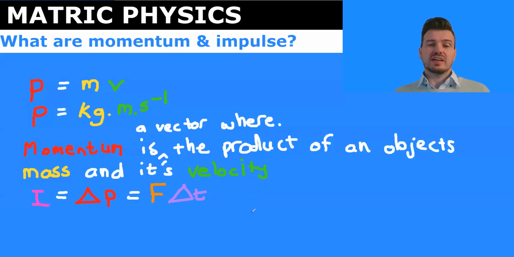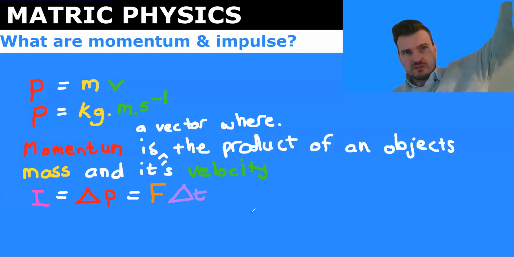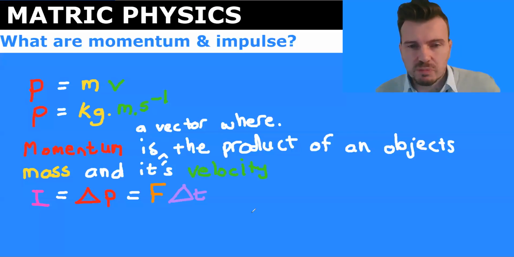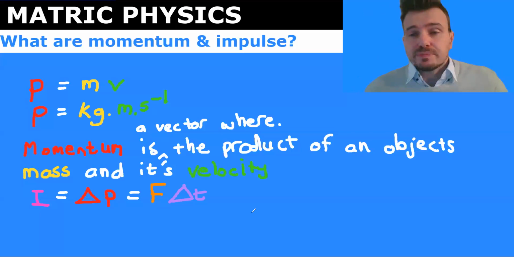Oh, perfect. Okay, so often when you want to hit a powerful shot, you're always asked to follow through when you play the shot. That is because you want to maximize the contact time that the racket or bat has with the ball.